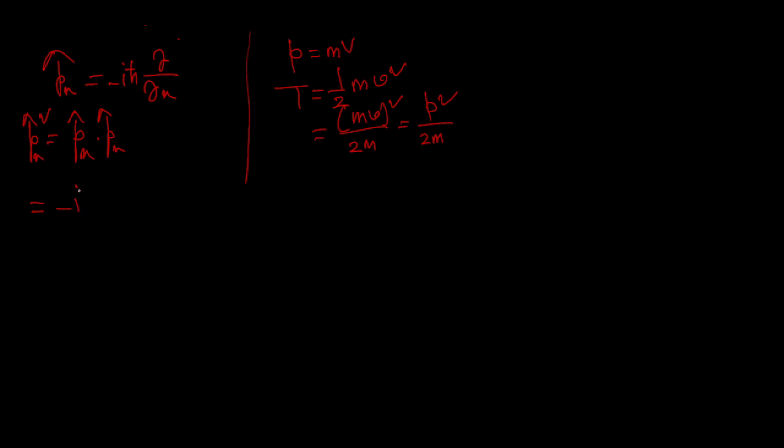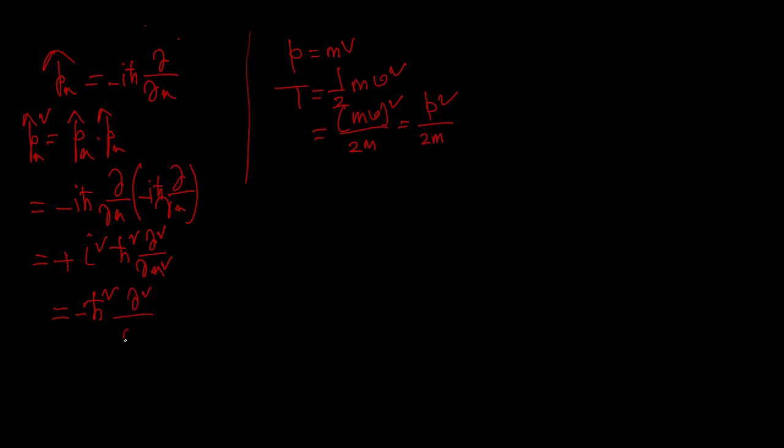So i h cut d by dx of i h cut d by dx gives i square h cut square d2 by dx2. So this will be minus h cut square d2 by dx2. Then the kinetic energy operator should be minus h cut square by 2m d2 by dx2.